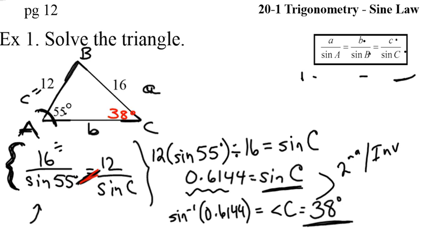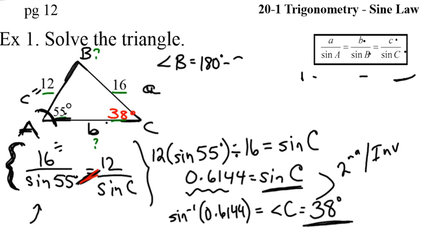So this question said to solve the triangle. We now have two sides known, two angles. I still need angle B and side B. Well, easiest one to start with would be angle B, because that's just the 180 rule. 180 degrees total.